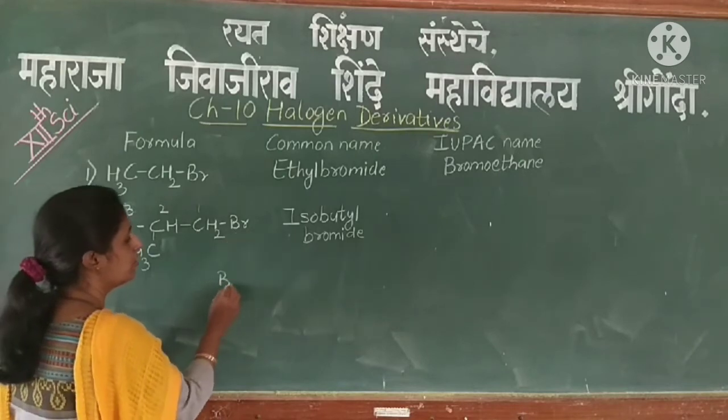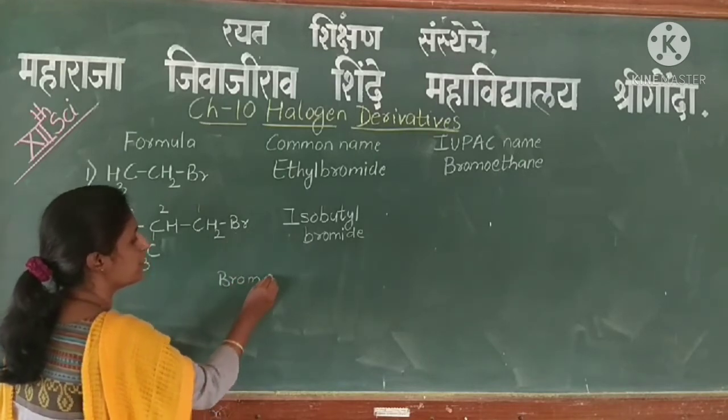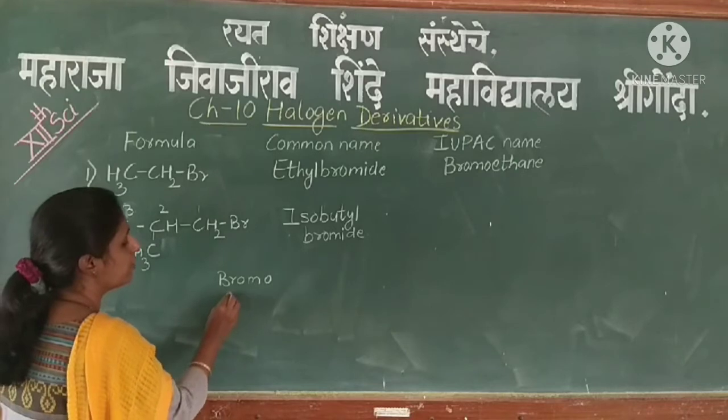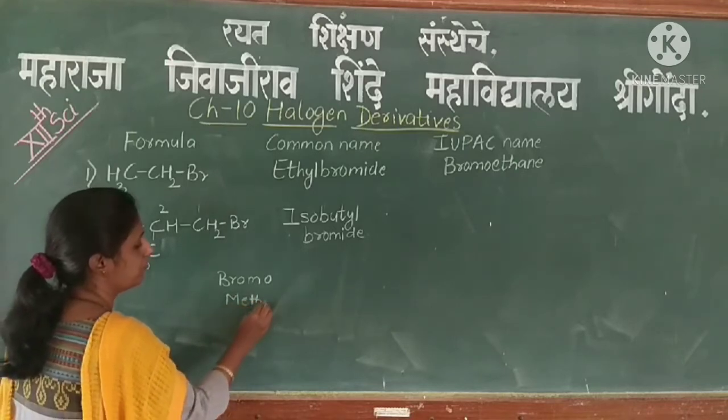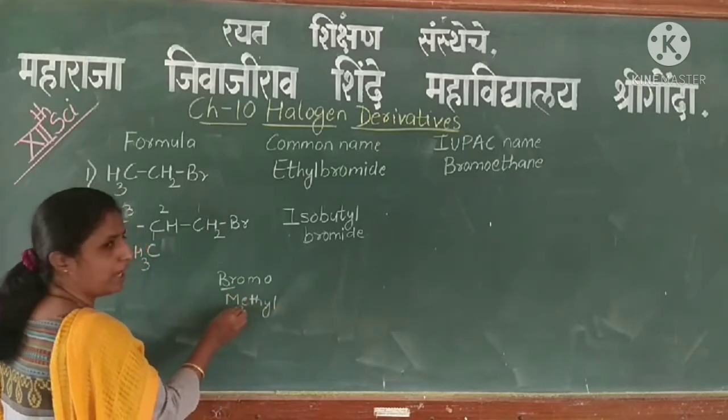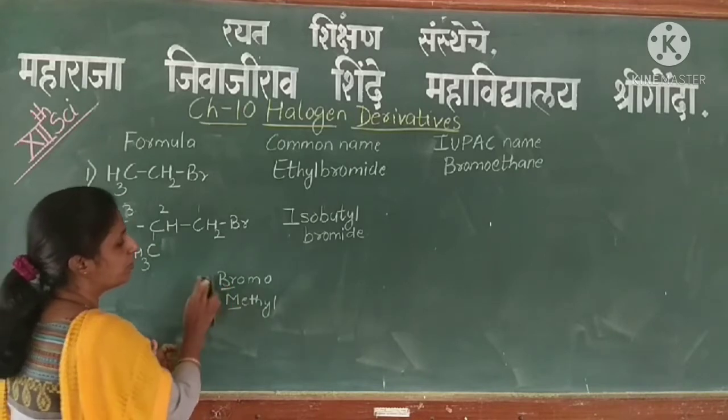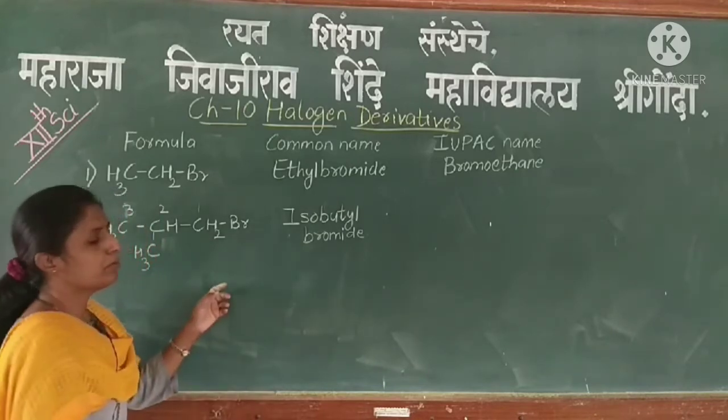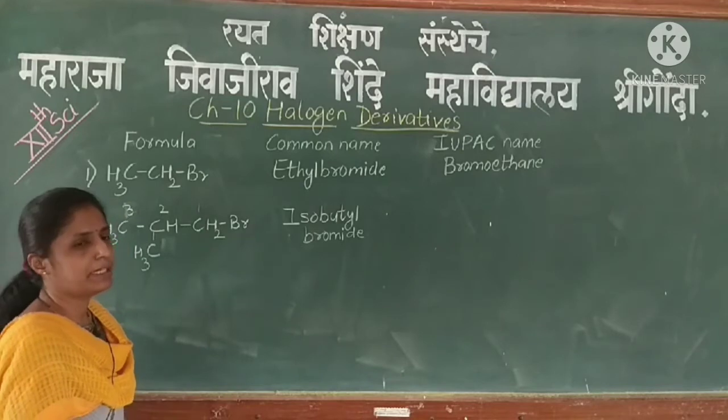Now what are the substituents in this compound? Bromo and methyl, and we know that B comes before M, so bromo will be written first.